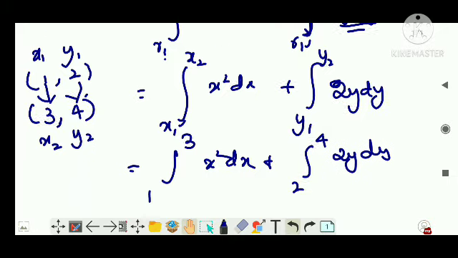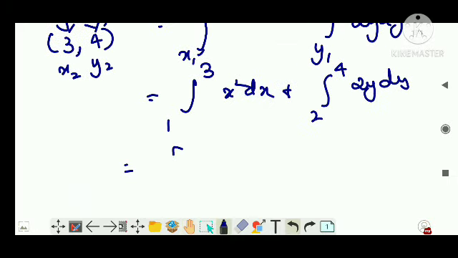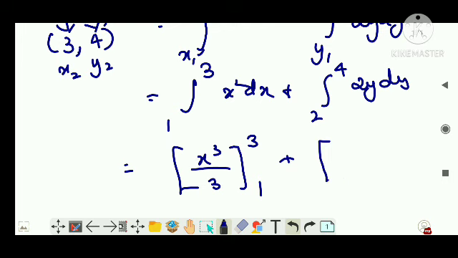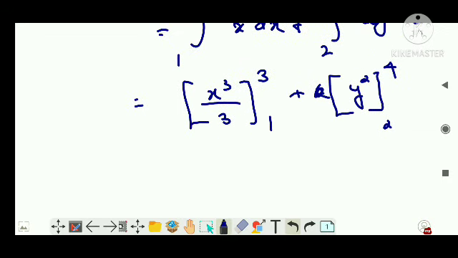Now calculation you guys can do. So x squared dx, x raised to 3 by 3, from 1 to 3, x raised to n plus 1 I did. So 2 into y squared by 2, so 2 goes off, so y squared from 2 to 4, right? Then just substitute the upper limit and lower limit, right? You will get around 62 by 3 joules.